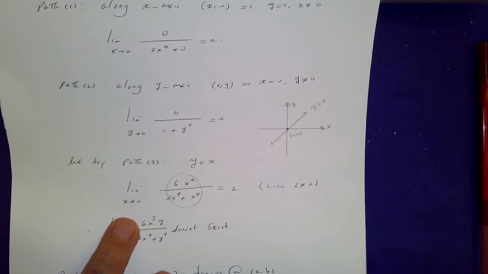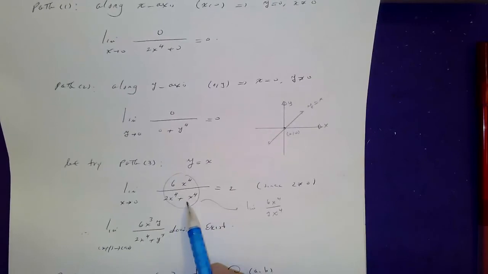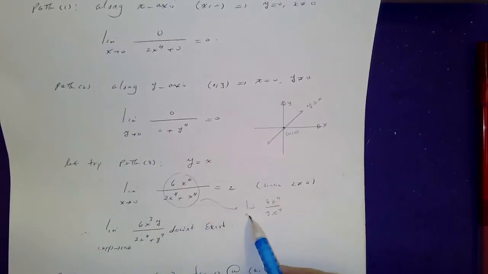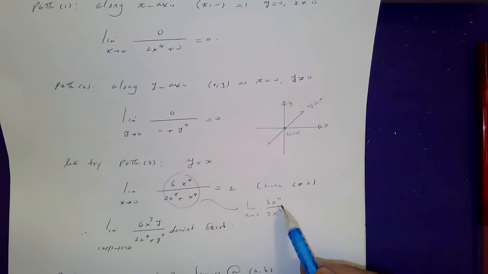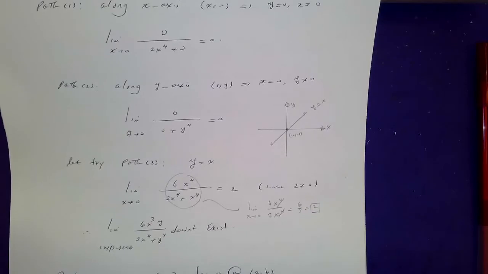However, this guy is the limit of 6x to the 4 over, combine the x to the 4s, 3x to the 4. x is not equal to 0, cancel these. So you get 6 over 3, which is 2. Once again, what does it say?